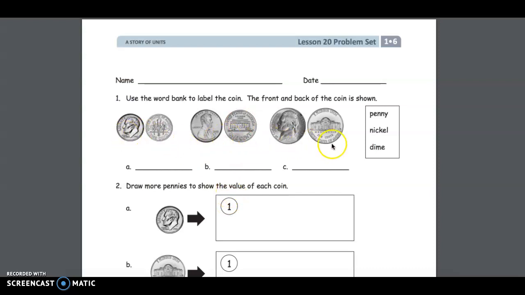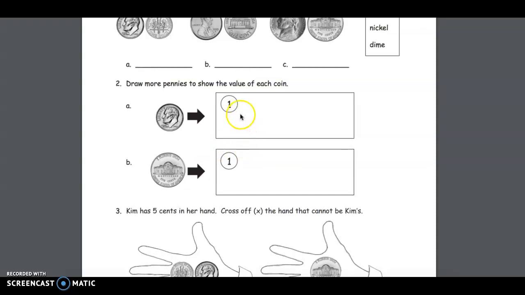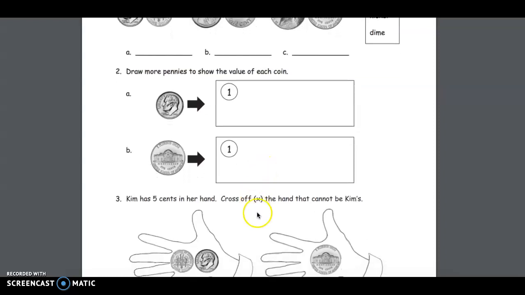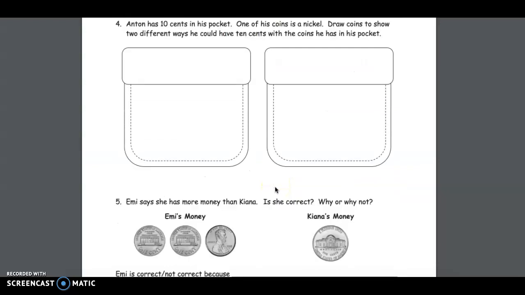You're going to be identifying the coins, and when you get to actually writing down, you don't have to draw a picture. If you're drawing a penny, you'll notice they put a 1 in the circle, and that stands for penny, or a 5 with a circle around it would be a nickel, or a 10 circled is a dime. Going through both of these, we're just adding up.